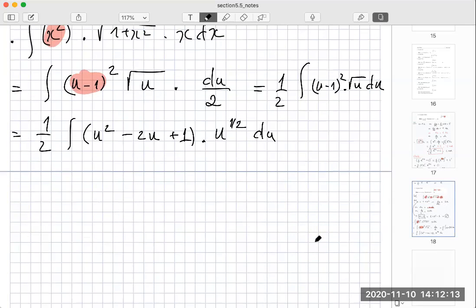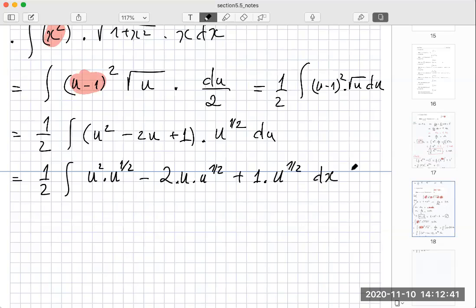So now, what should we do? Yes, distribute it, and you see the number is here: integral of u squared times u to the 1/2 minus 2u times u to the 1/2 plus 1 multiplied by u to the 1/2 du, right? It will be the integral of a sum of u to the something.